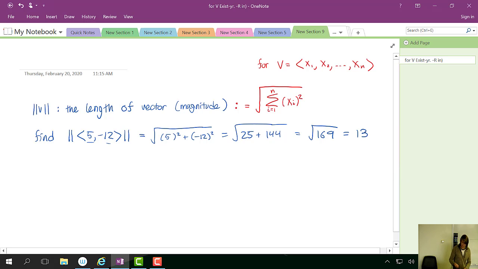So that's thing 1, and then thing 2, I'll say any vector divided by its own magnitude is called a unit vector.